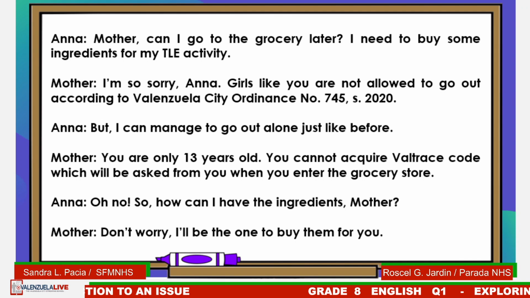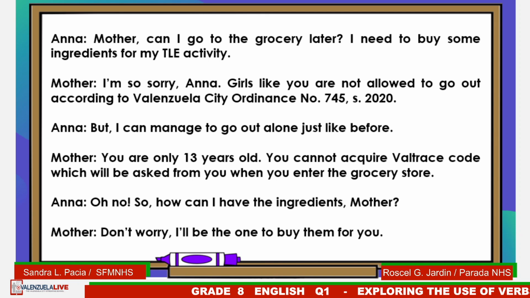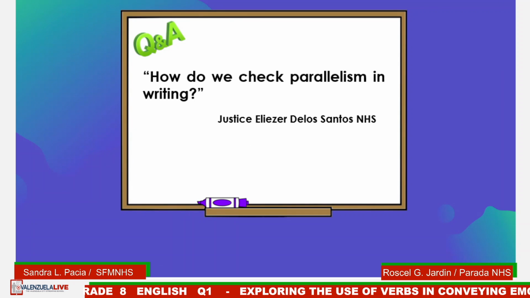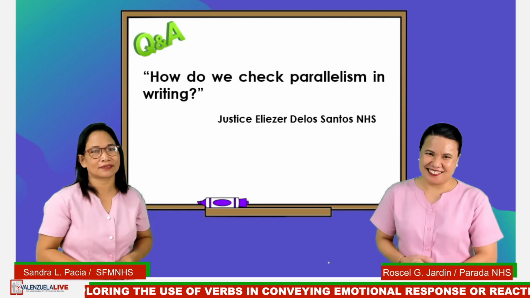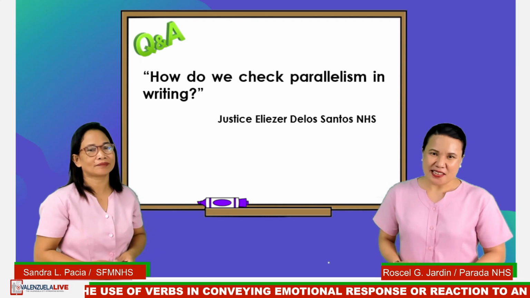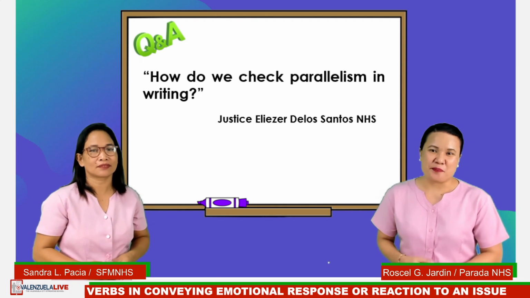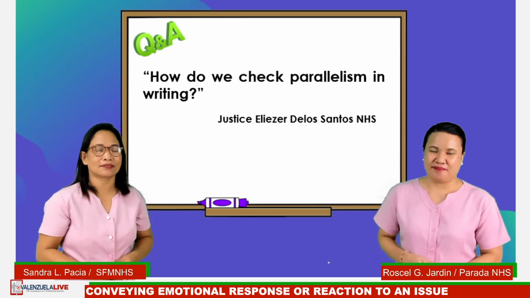We're down to the last question, from Justice Eleazar de los Santos National High School. The question is, how do we check parallelism in writing? What a great question! Let me give you this trick in checking parallelism in writing.